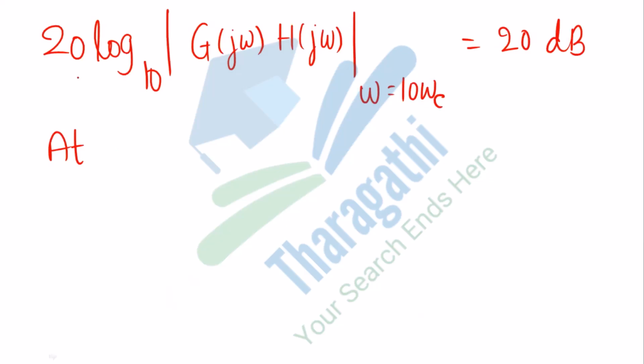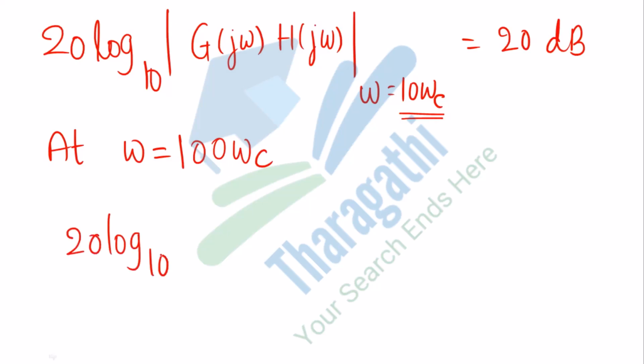Now we calculate the value of 20 log 10 G(j omega) H(j omega) at the decade frequency of 10 omega c. The decade frequency of 10 omega c is 10 multiplied with 10 omega c, whose value is equal to 100 omega c.